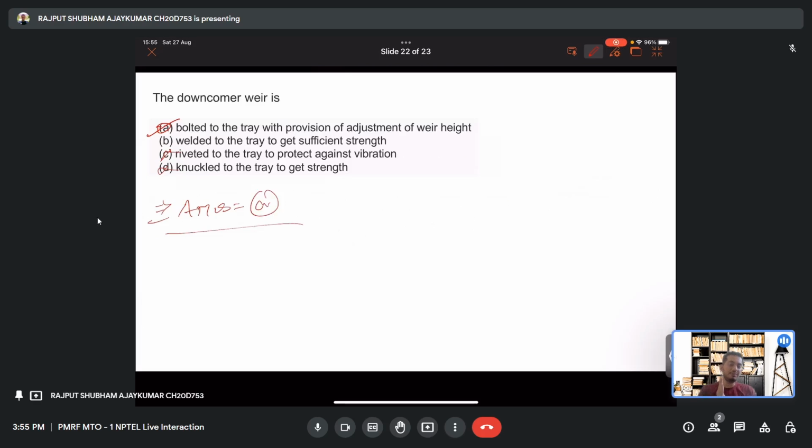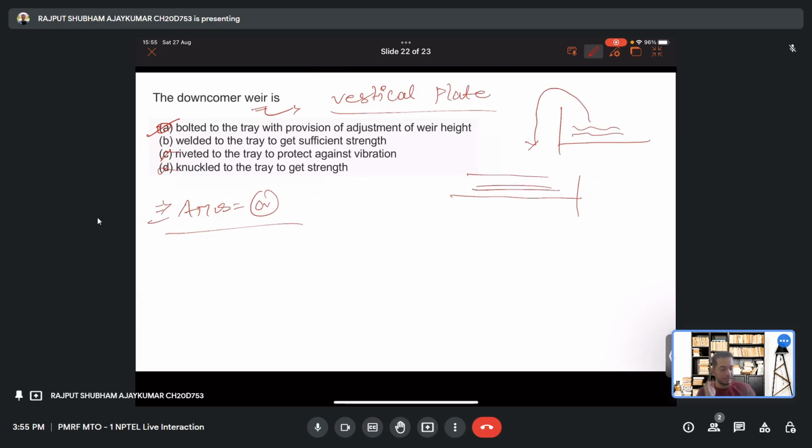This weir height can be adjusted depending upon the type of operation you are going to carry out. The weir is a vertical plate, in the form of this, and this will be another tray, and there will be another weir here. The liquid will flow from here to here, and then to another tray, and there will be another tray here similarly. So this is the weir and downcomer.